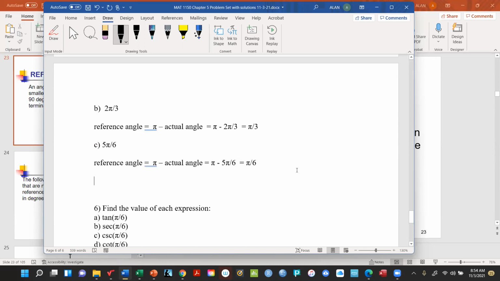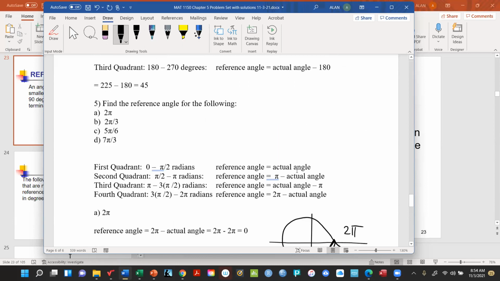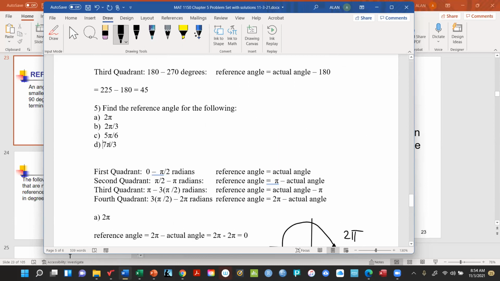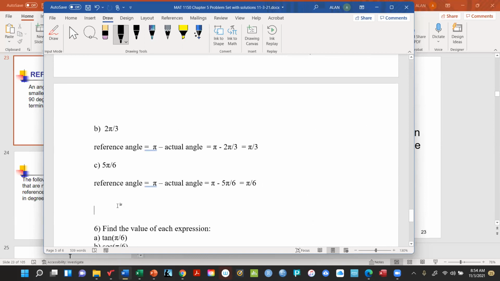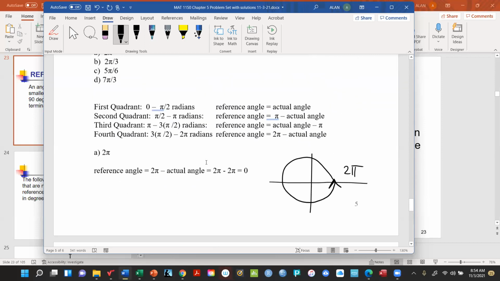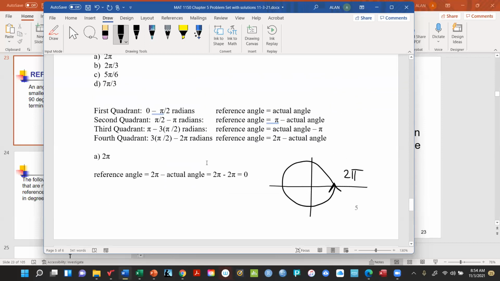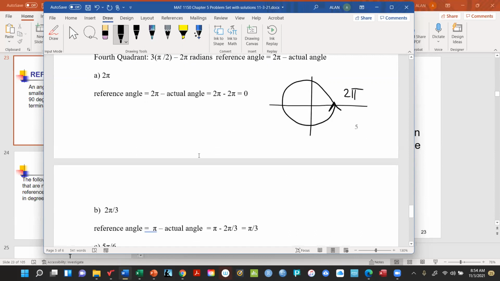And then the last one is 7 pi over 3. Now this time we're in, let's see, where are we? 7 pi over 3, that's more than 2 pi. So we have to watch it with this one because we've gone all the way around the circle.